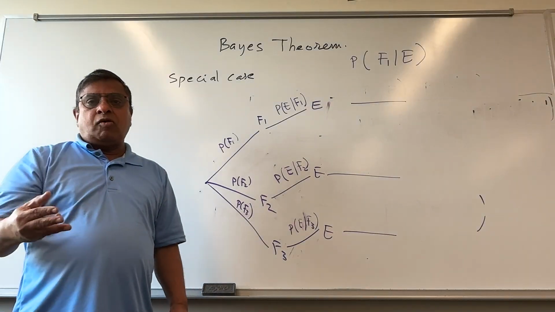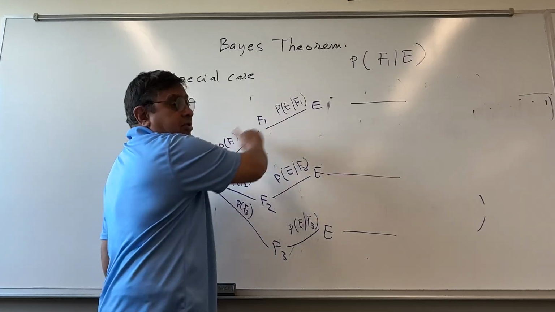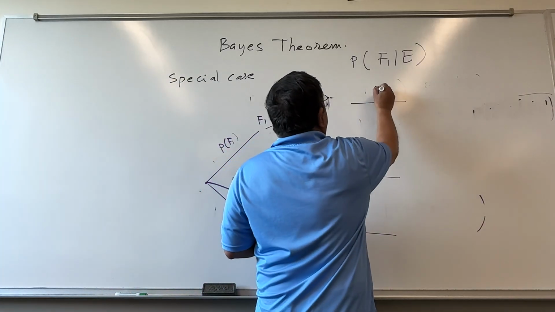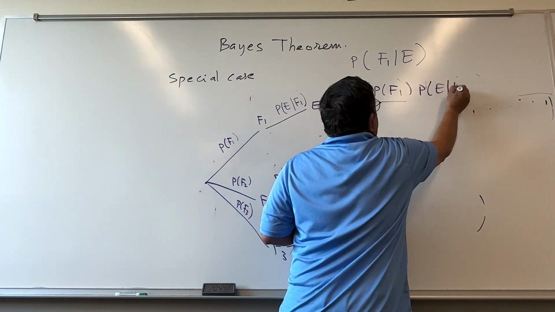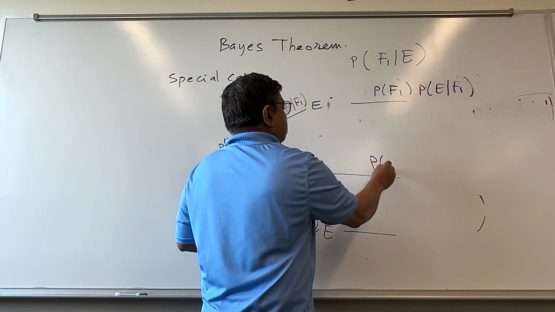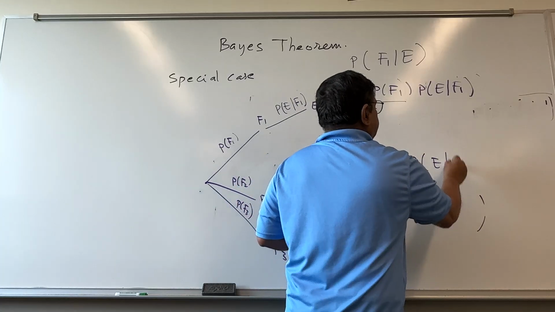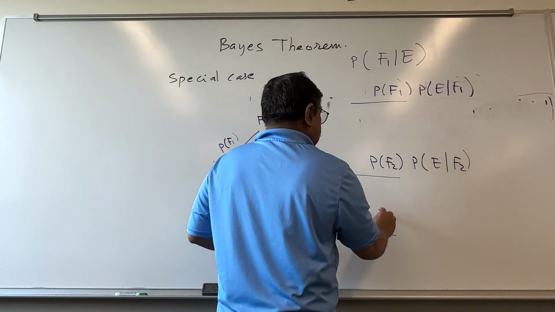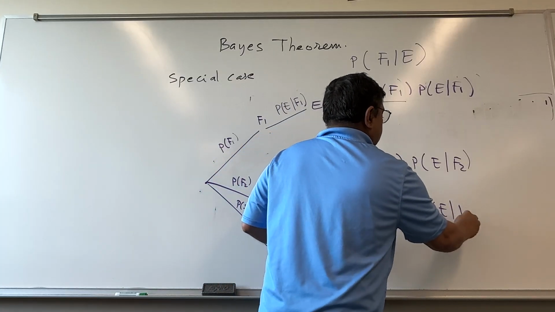As I mentioned before, if you want to compute the probabilities, you got to multiply all these things along these branches. So this is P of F1 times probability of E given F1. This one is probability of F2 times P of E given F2. This one is probability of F3, probability of E given F3. So these 3 numbers.